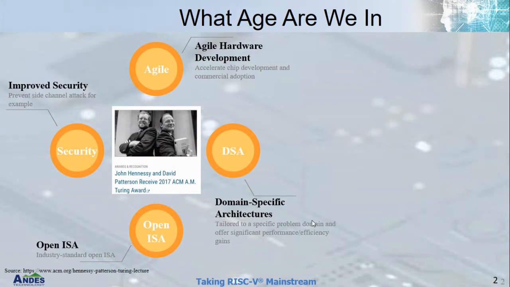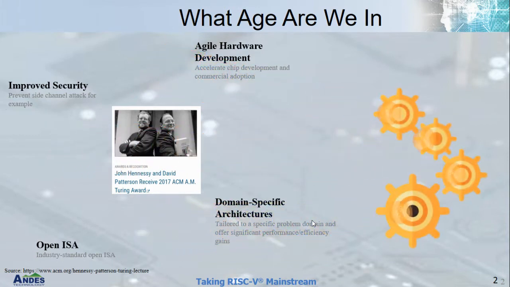The open ISA means that you have an instruction set architecture, and this instruction set architecture is open, so it's not owned by a company. It is not heavily armed by patents where no one is allowed to implement it. No, with RISC-V, everyone can implement their own core. Companies can implement a core and sell it with all the support, with all the verification done, but also students can make their own core.